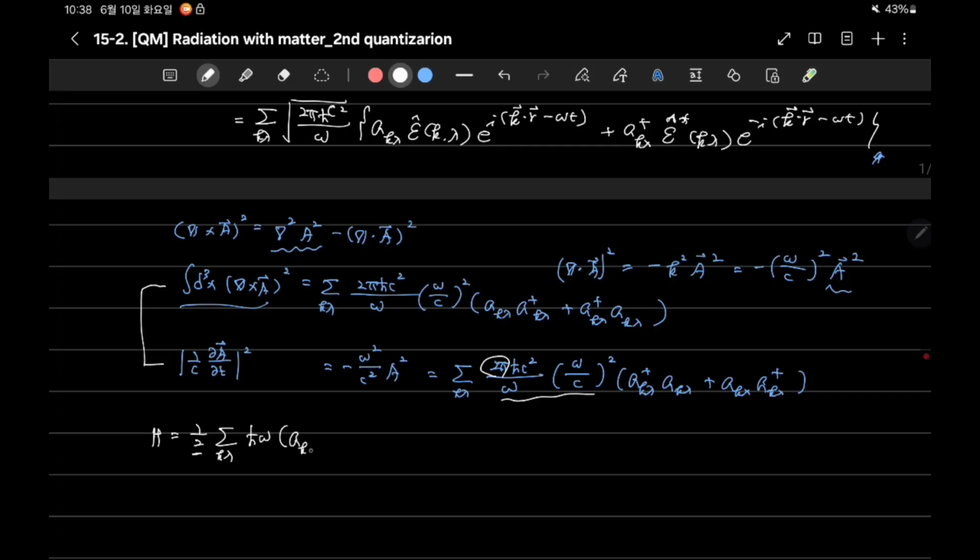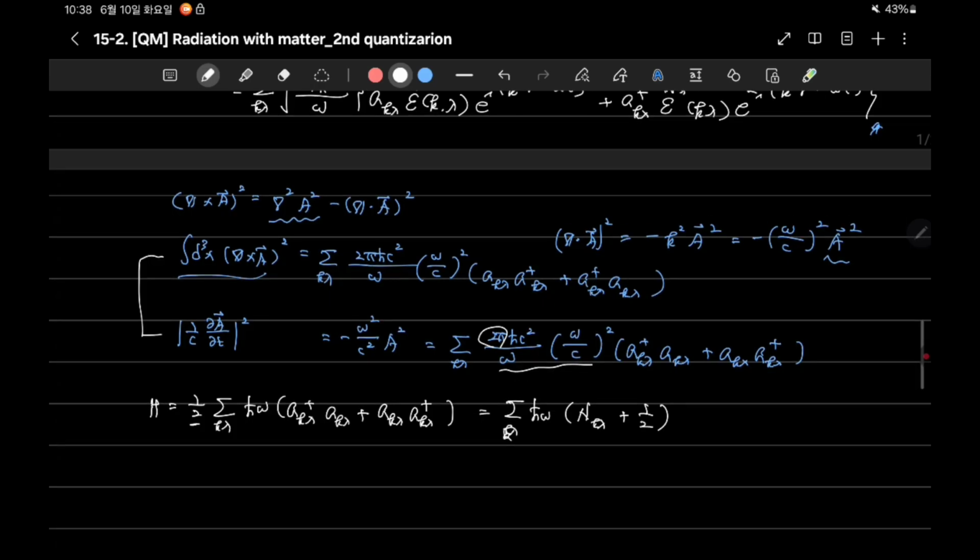So a_k lambda a_k lambda dagger plus a_k lambda dagger a_k lambda, we already know is the solution of the harmonic oscillator. So the summation over k lambda of h bar omega times the number operator n_k lambda plus 1/2. The number operator n_k lambda is a_k lambda dagger a_k lambda.